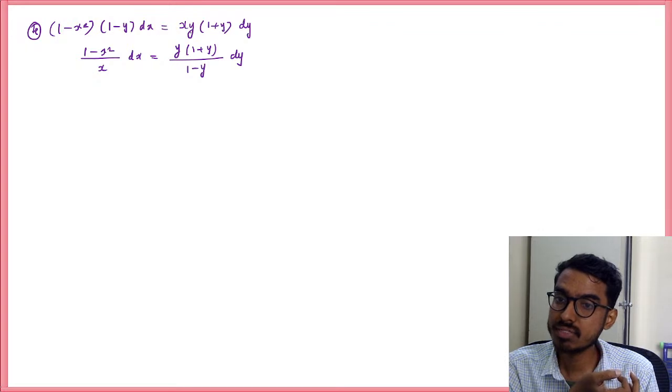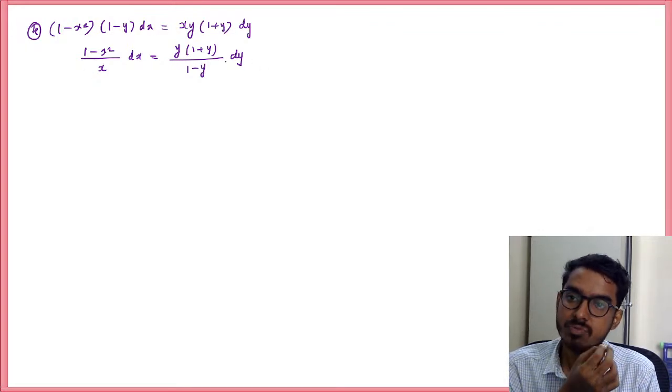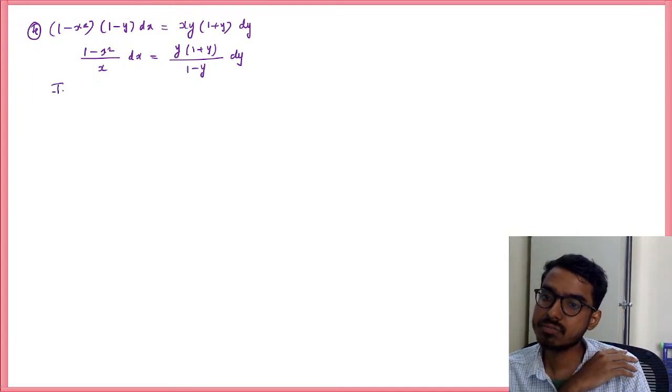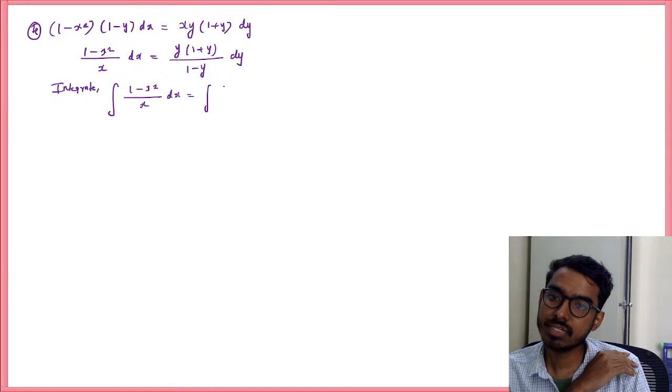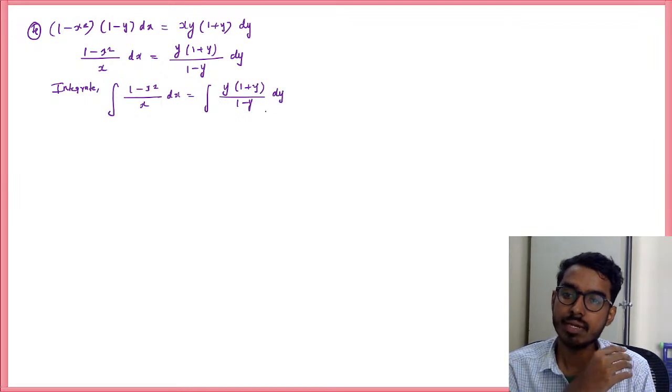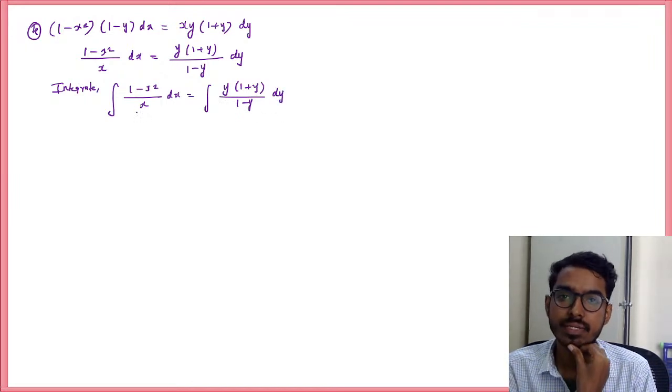Now we need to integrate this. So integration of 1 minus x square by x dx, integration of y into 1 plus y by 1 minus y dy, right? This is very easy to integrate.